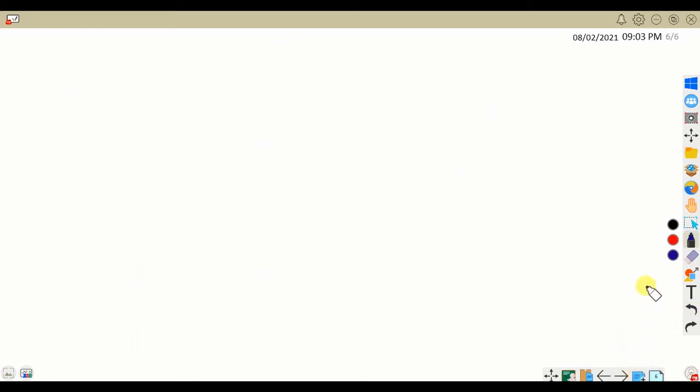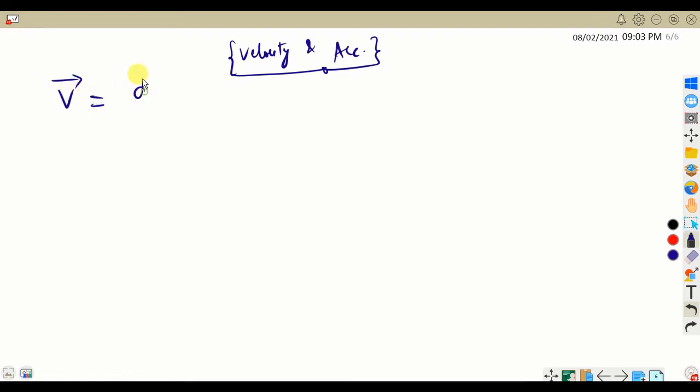Now I have already told you we have to find velocity and acceleration, because motion means we have to find the velocity and acceleration of any object. How to do it? The velocity vector is nothing but the derivative of the position vector with respect to time.